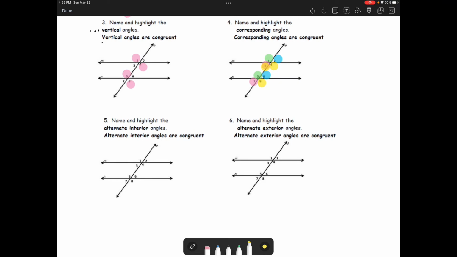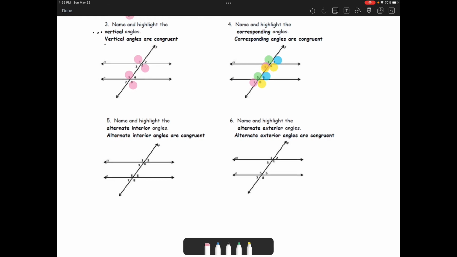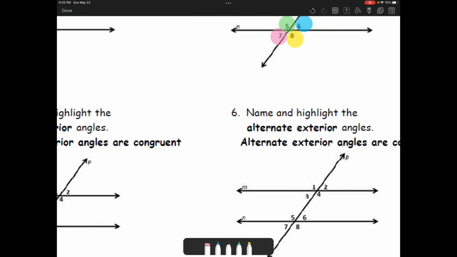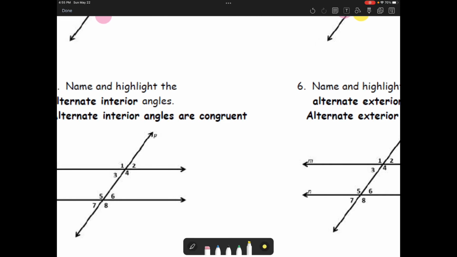Alternate interior angles. Interior means inside. So alternate interior angles would be 3 and 6 would be interior angles. Those two are congruent.